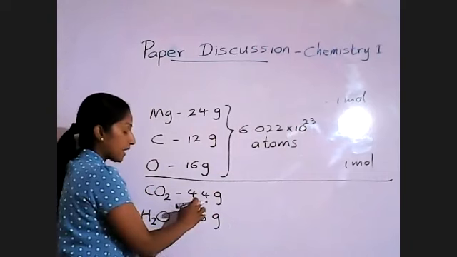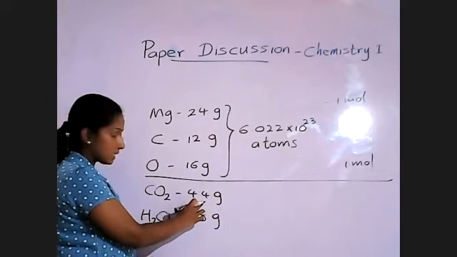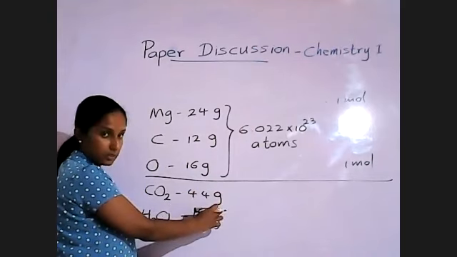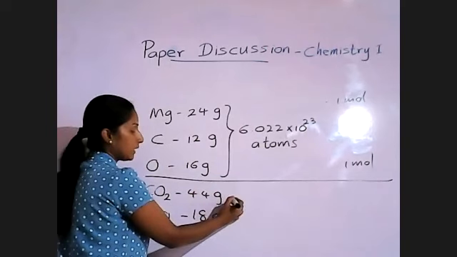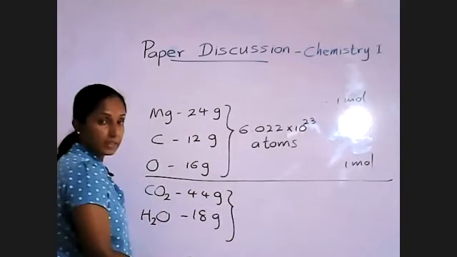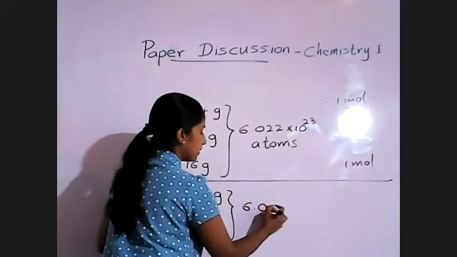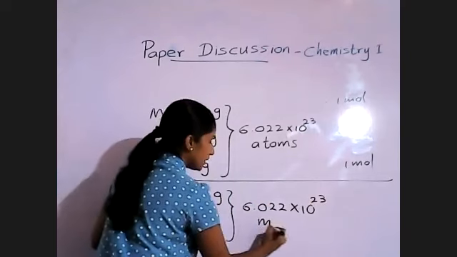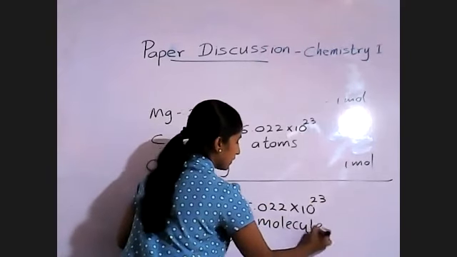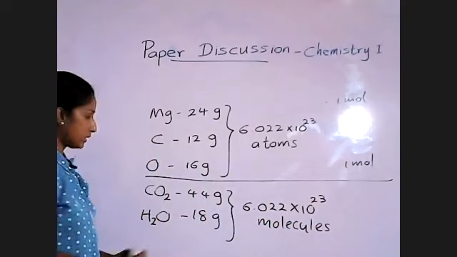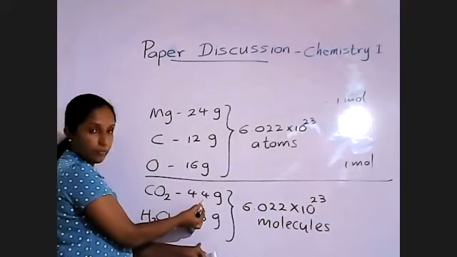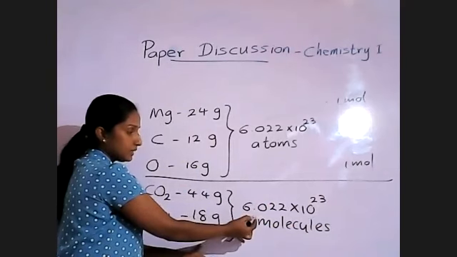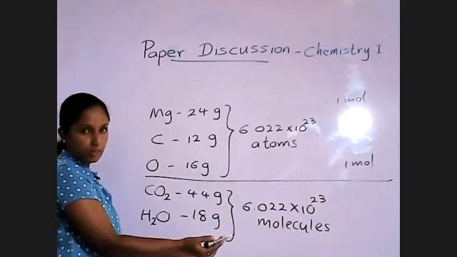We have to take the mass that is equal to the relative molecular mass in grams, then it contains just this number, Avogadro number of molecules. That means 44 grams of carbon dioxide contains this number of carbon dioxide molecules.